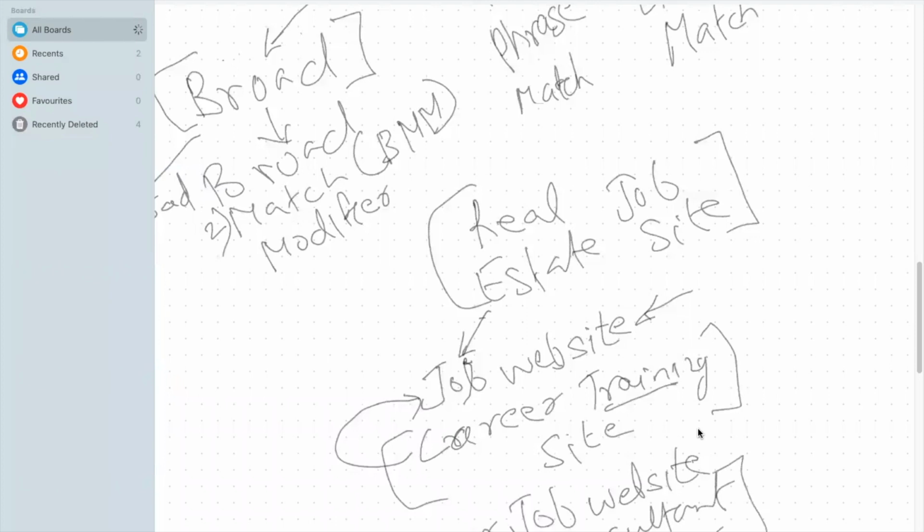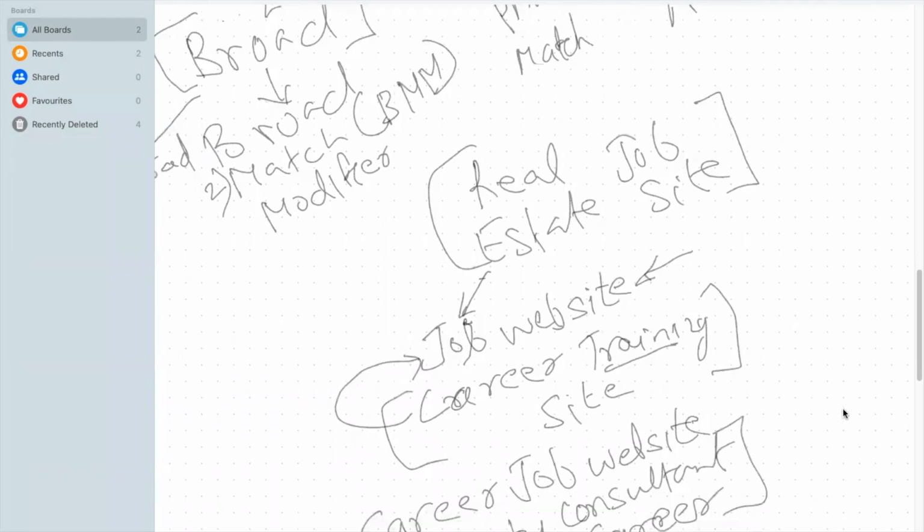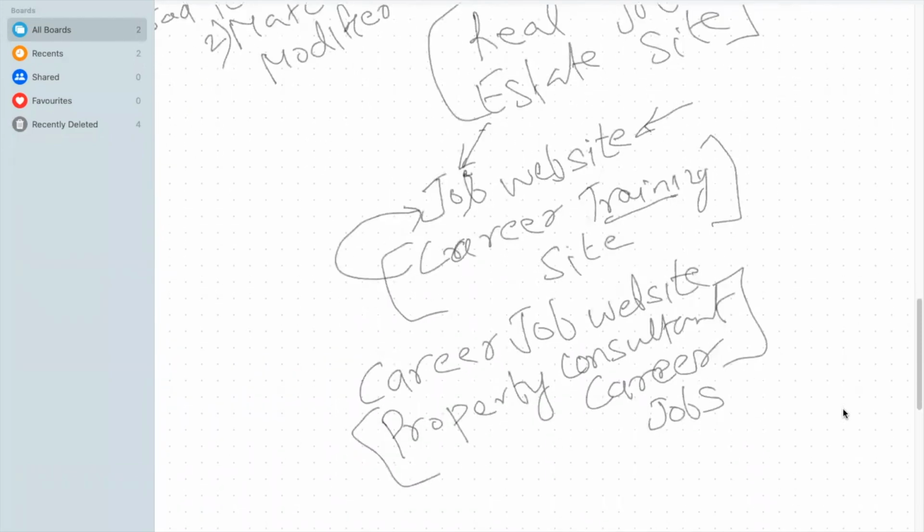If a person is searching for property consultant career or career jobs, this is one keyword, right? Property consultant career jobs, or property jobs, or real estate jobs.